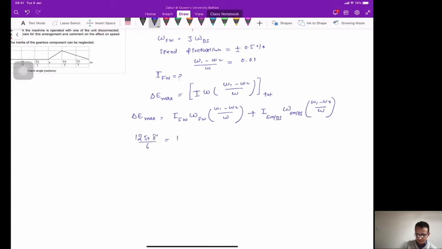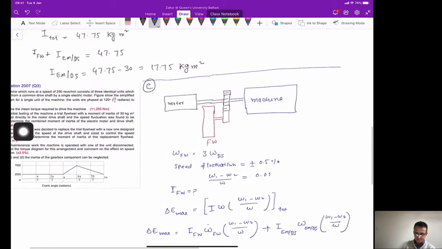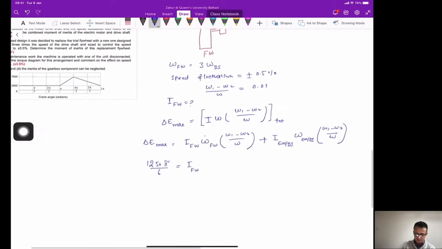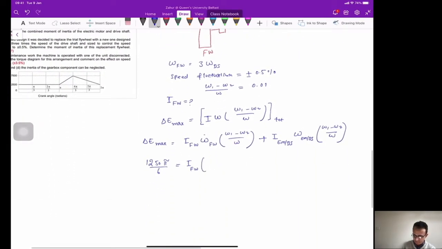On the right hand side you have I of the flywheel, which is unknown, and now omega of the flywheel, which is this value here. So this is 3 times the 250, which is the angular velocity for the previous case. So it was 250 there, and this is omega square.